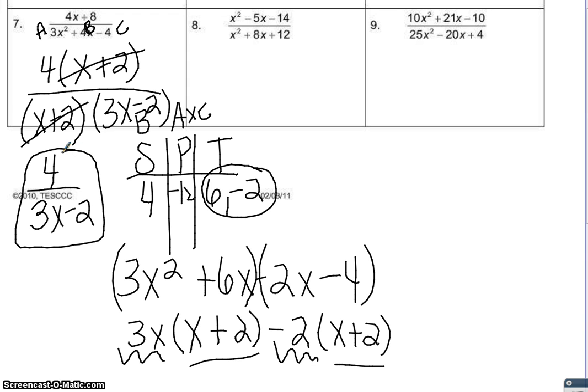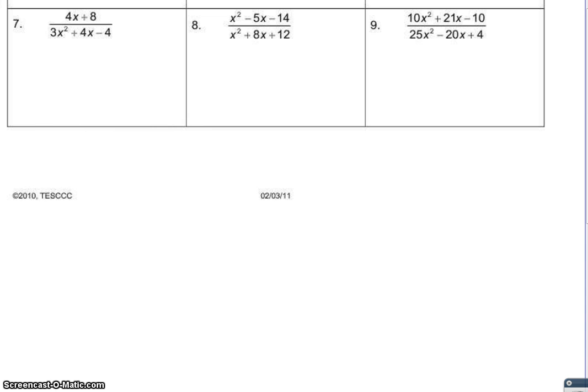Okay, so let's look at 8 and 9. Now again, using the SPT method, you are more than welcome to use that. Again, I want you to try and practice doing factoring in your head. So let's look at number 8. Okay, my numerator is x squared minus 5x minus 14. So when I factor that, I'm going to have an x minus 7 and an x plus 2. So negative 7 times positive 2 is the negative 14.